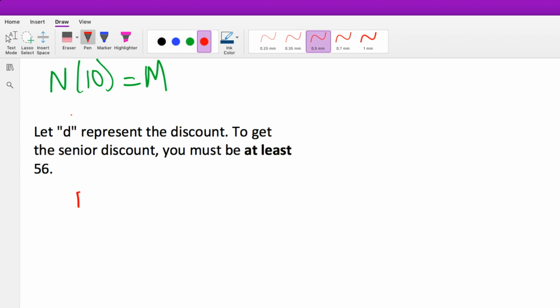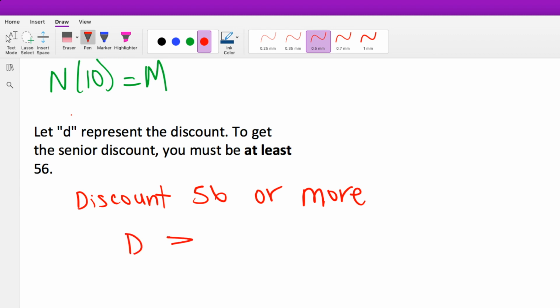So to get the discount, we have to be 56 or older. I'm just going to say or more because we're talking about math. So discount, 56. And now you might be saying, well, we have the 56 here, and then here we have the more.